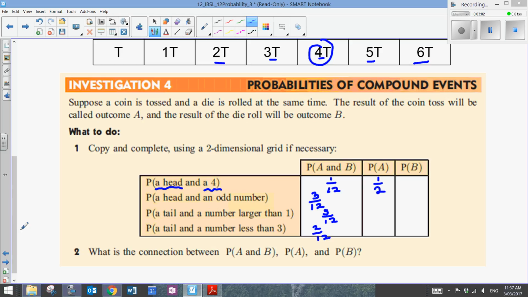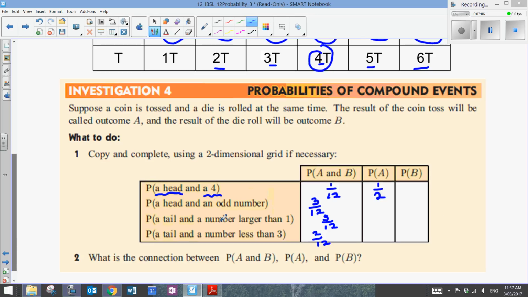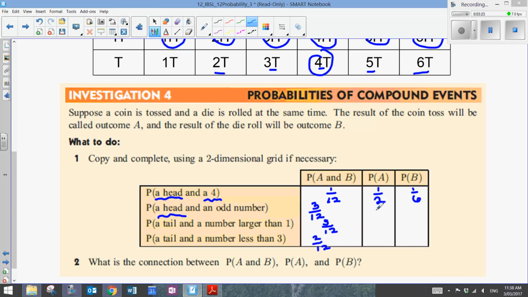And the probability of getting a 4, which is our event B, is 2 out of 12, or 1/6. So think about how we use 1/6 and 1/2 to get 1/12. Let's outline the next one as well. A head being our first event A is again 6 out of 12, or 1/2. And an odd number would also be 1/2.